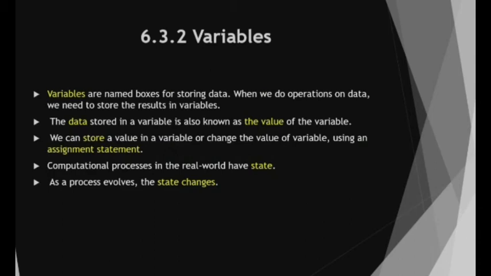The box is a container that holds all the chalk pieces. In the same way, variables are named boxes used to store data. We need to store the result in a variable. So after the process is over, we need one variable to store the data.